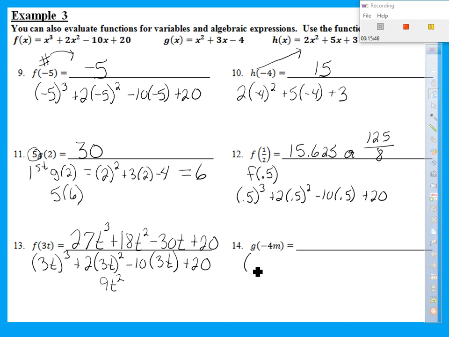So I'm going to go parentheses, negative 4m quantity squared, plus 3 parentheses negative 4m, minus 4. Notice that your calculator doesn't help you a ton here. Negative 4 times negative 4 is positive 16m squared minus 12m minus 4. And then we got it.